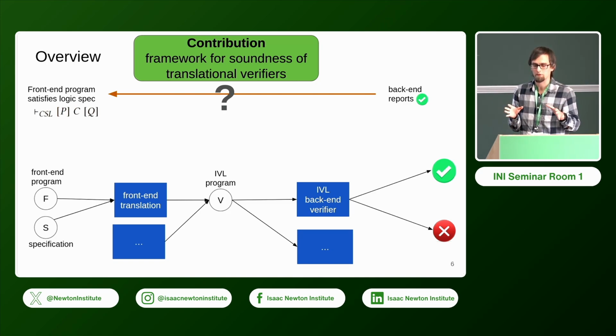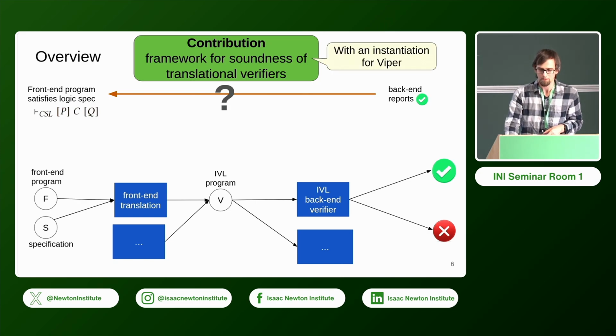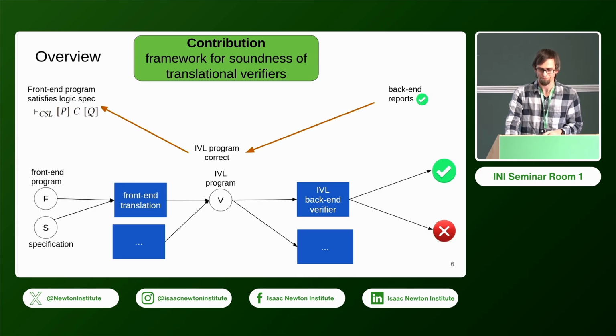The first step of this proof is maybe relatively obvious. We're going from the backend to the frontend, and if you look at the verification, this goes via the IVL program. I also forgot to say that in this work we have this general framework, but we also instantiated it to the Viper verifier, and I will come back to this at the end of the talk.